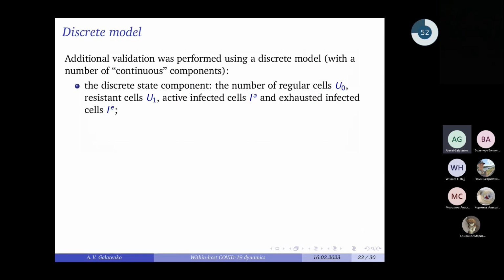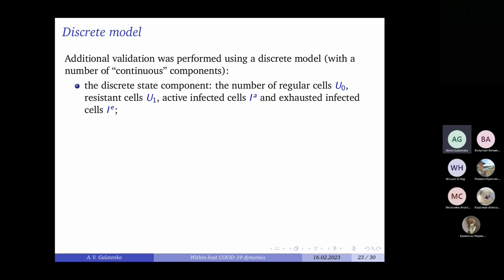And finally, I still have 12 minutes, and I want to take a little survey of a discrete model of the same process. We also developed a discrete model, which also contained a number of continuous components. It was done with two goals.